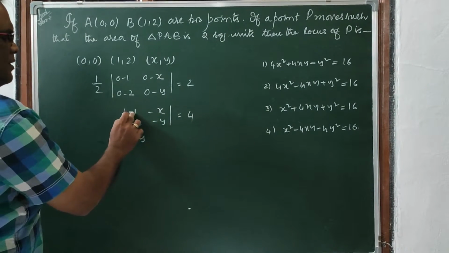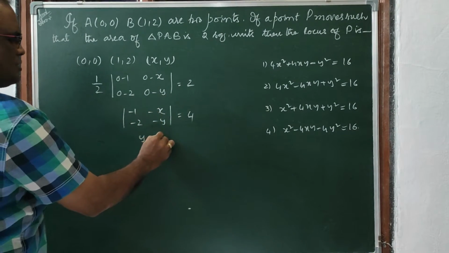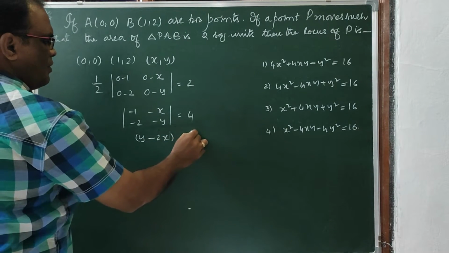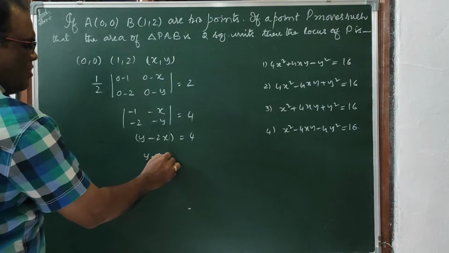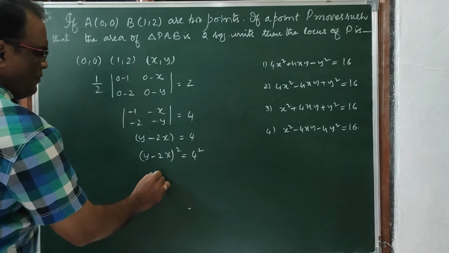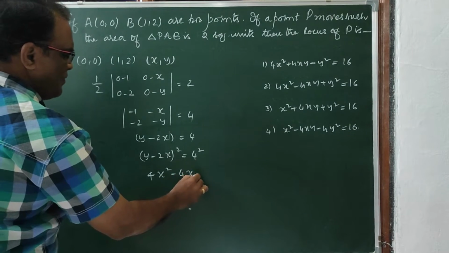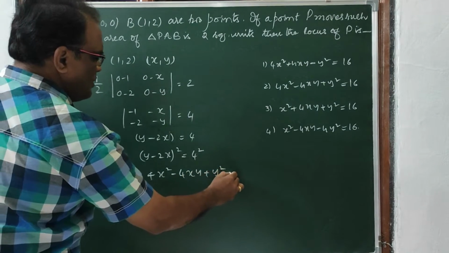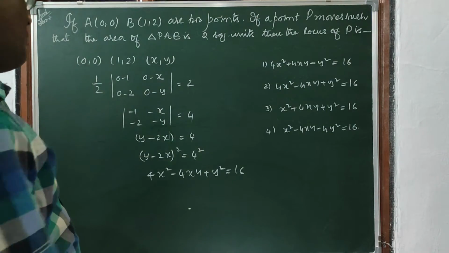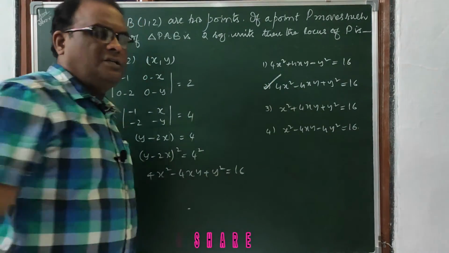Minus times minus is plus. y minus 2x is equal to 4. Squaring on both sides, (y minus 2x) whole square is equal to 4 square. 4x square minus 4xy plus y square is equal to 16. That is the second choice.